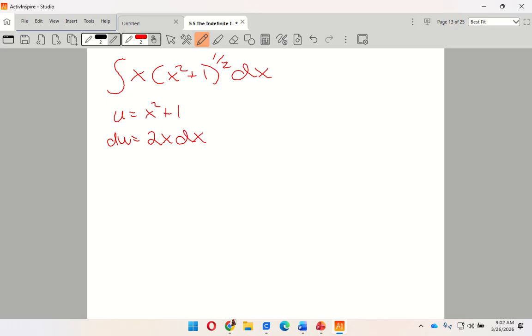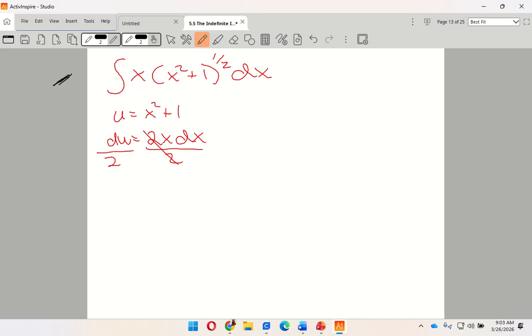You're going to divide both sides by 2. Remember, I said I want all my x's over here, right? So 1/2 du is equal to x dx.